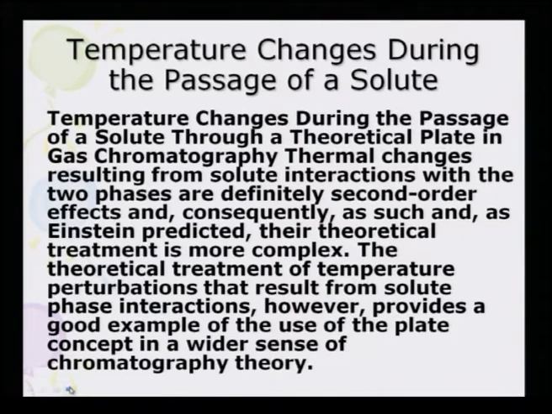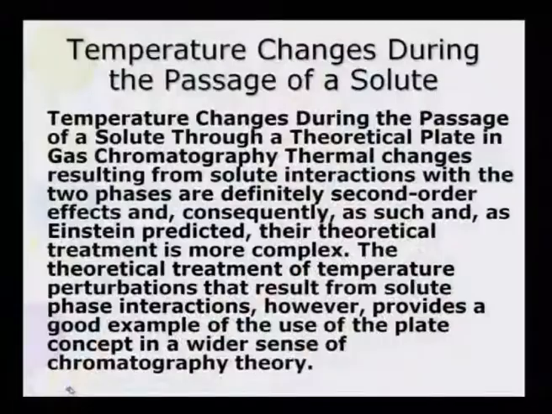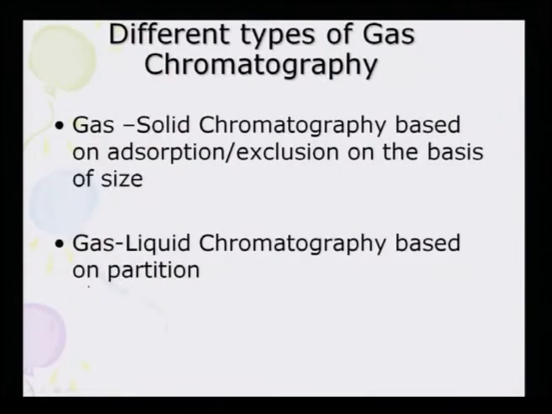It is imagined that it is a plate theory, that it is going from one plate to another plate, but then it is much more complicated. The theoretical treatment of temperature perturbations that result from solute phase interaction, however, provides a good example of the use of the plate concept in a wider sense of chromatographic theory.